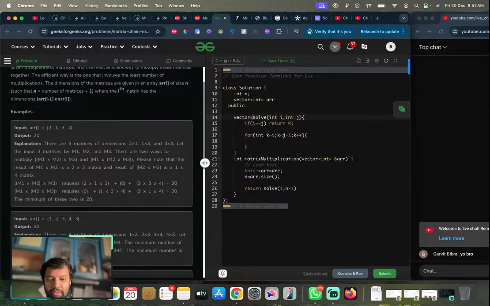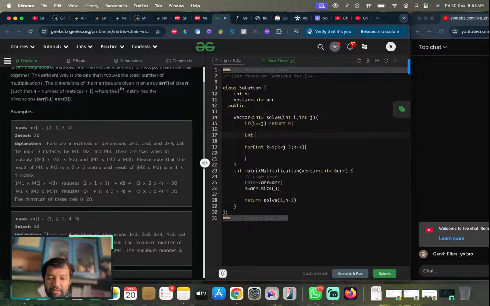Let me write a vector in I return. Find the minimum now and max.